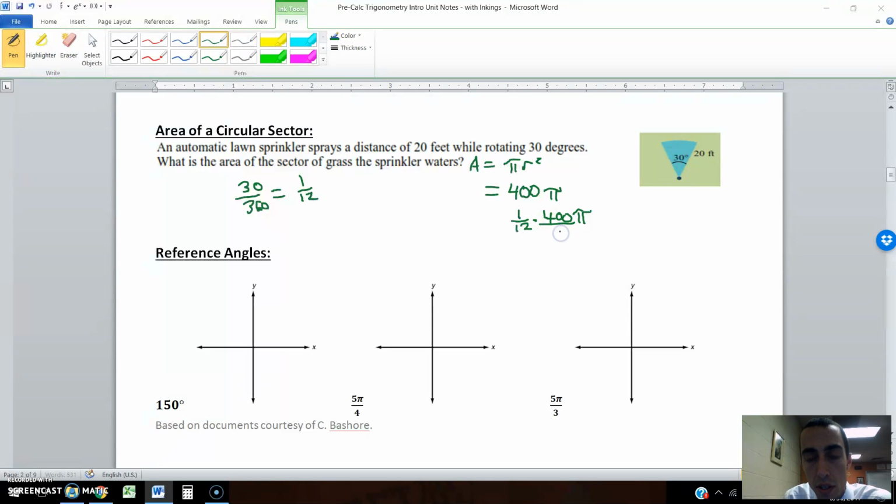Put that 400 over 1. And then to simplify, I know that there's a factor of 4 in both of these right off the bat. So I multiply across and we get 100 pi over 3. And our unit is going to be square feet because our distance was in feet.